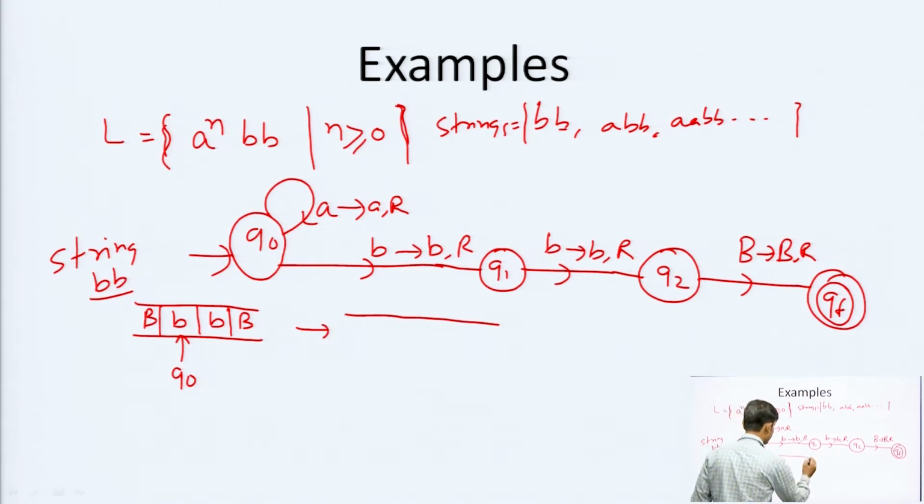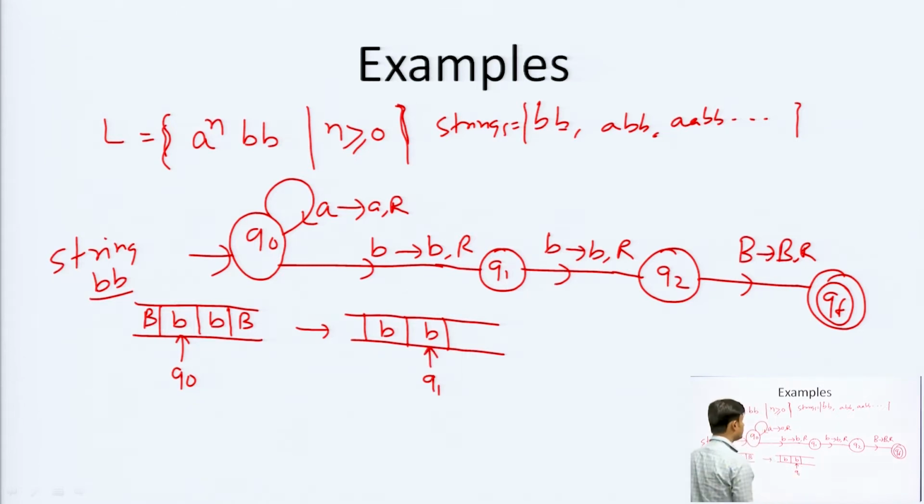Your tape will be B, and the head moves right to Q1. Here we are using the transition B to B R, which means the tape input remains the same and we only move right.